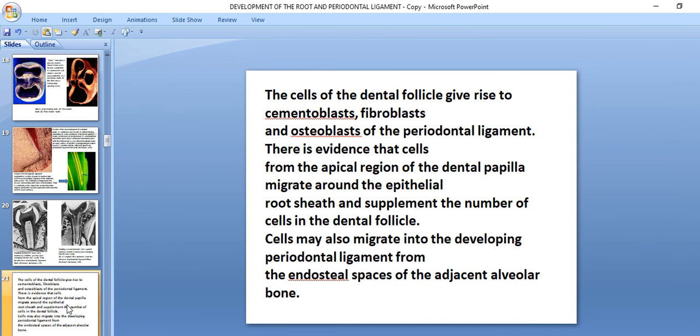Prior to root formation, the cells of the dental follicle have the characteristics of undifferentiated fibroblasts, containing few cytoplasmic organelles.